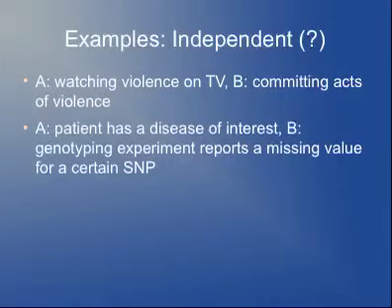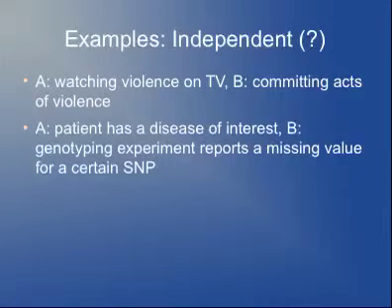Or another example is that a patient has a disease that you're interested in, and when you do your genetic assay, you get a missing value for a certain SNP. In most cases, you hope that the missingness has nothing to do with the disease of interest, so any association test you do remains unbiased, but sometimes that's not the case.